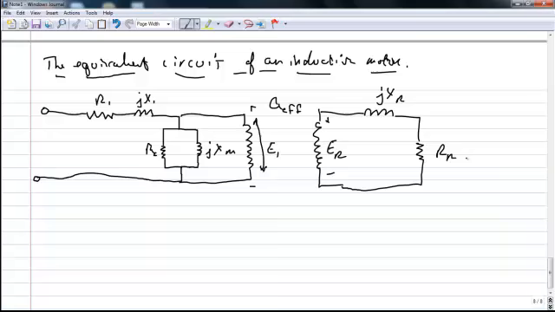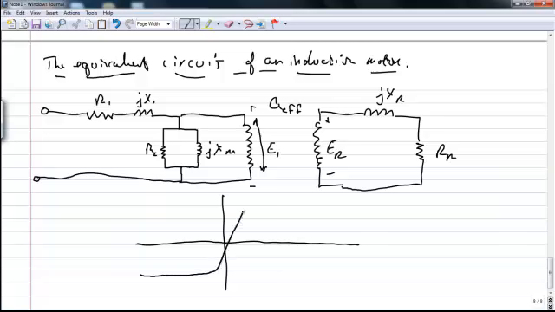And if we were to compare the general shape of the magnetization curves of a transformer and an induction motor, we would see in general the following difference. If our transformer magnetization curve looked like this, of course passing through the origin, the induction motor may look more like this.